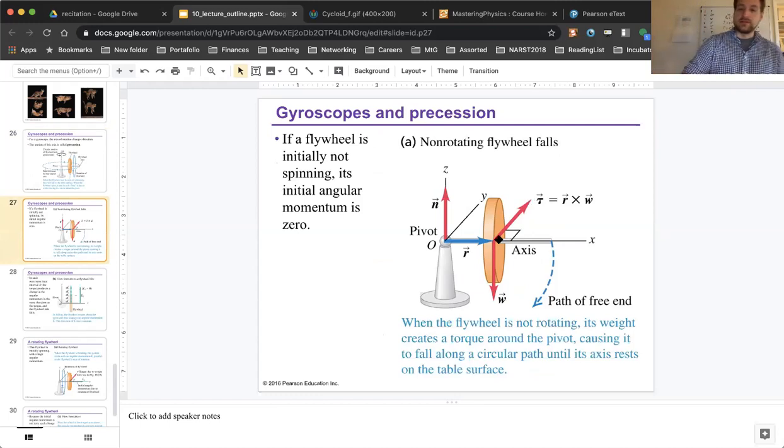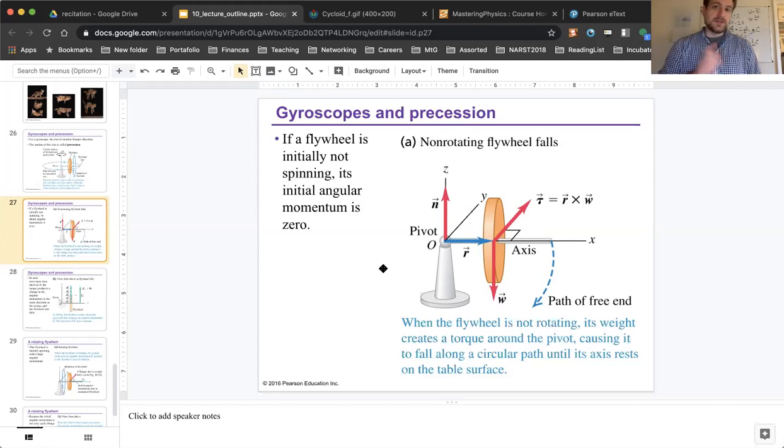So that's going to get us rotation clockwise down the page, as we expect, right? If there's no other reason for it to stay upright, this whole member will just fall and bump onto the table, I suppose.